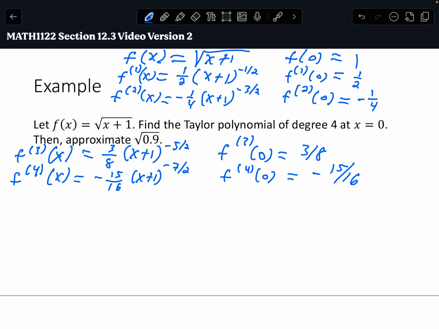So due to these fractions, writing this out is going to be a little on the weird side.